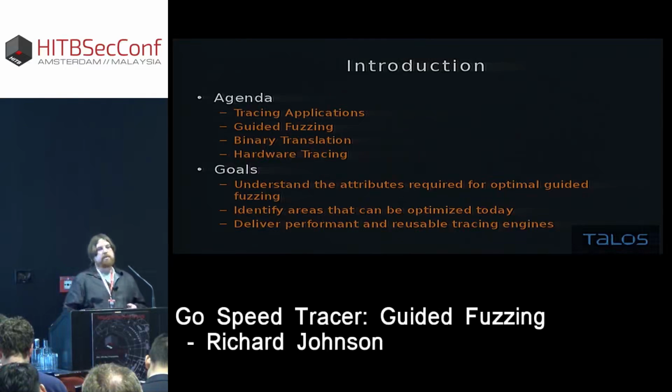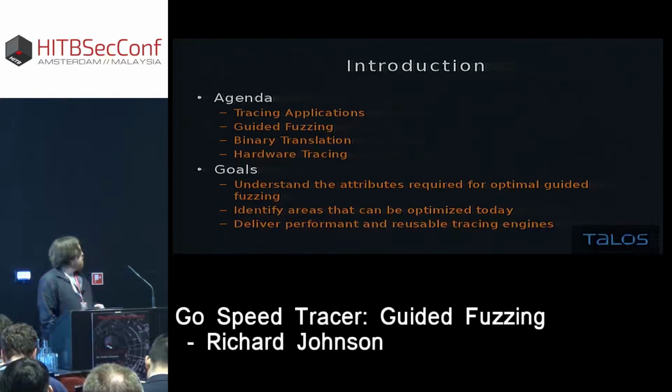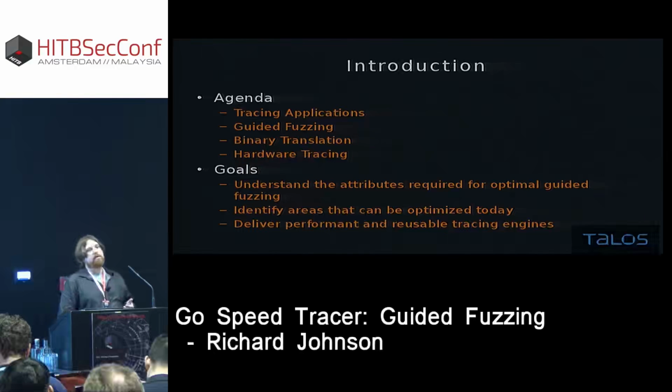We'll go through each one of them and do quick live demos and show you how they operate and how they compare as far as performance goes. And then at the end, I have a live demo of the new Intel PT processor features inside of AFL and HonggFuzz for Linux.